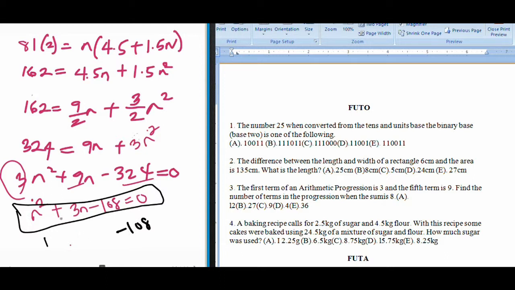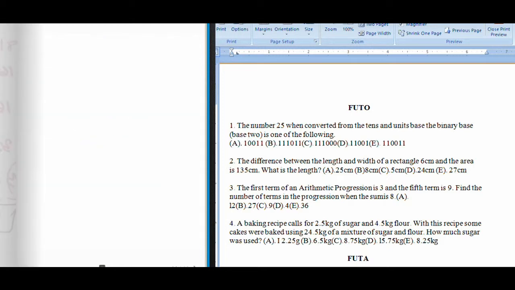If you look through the factors, we can see that minus 9 times 12 will give us minus 108. So minus 9 plus 12 will be equal to 3. Hence, n squared plus 12n minus 9n minus 108 equals 0. Now n into n plus 12 minus 9 into n plus 12 equals 0, which means n minus 9 into n plus 12 equals 0.